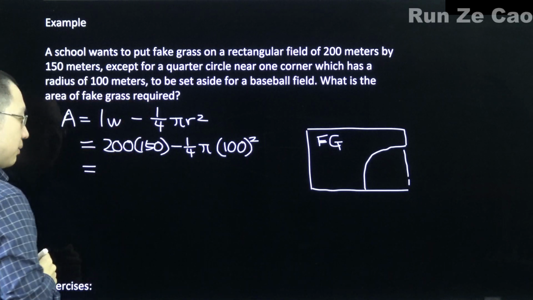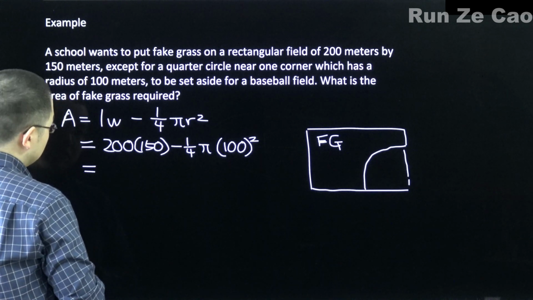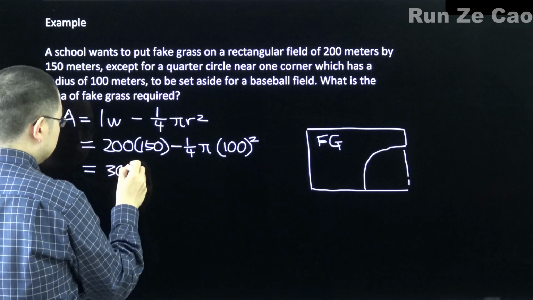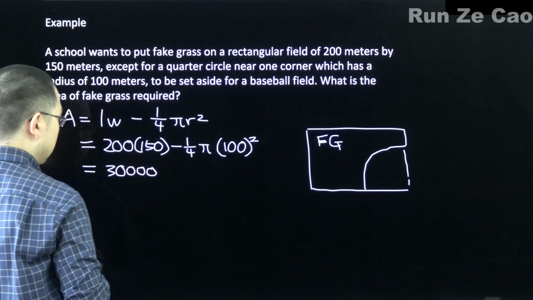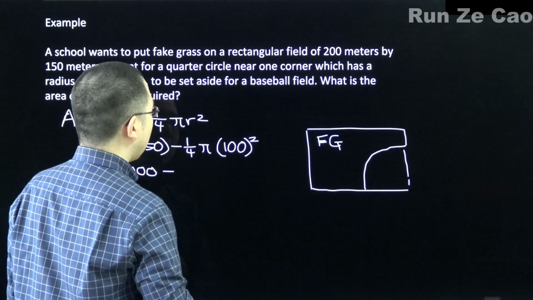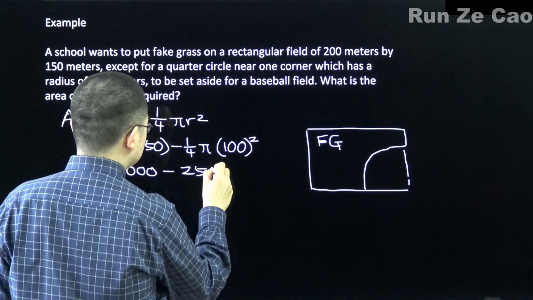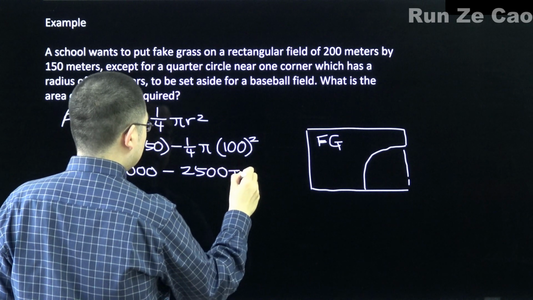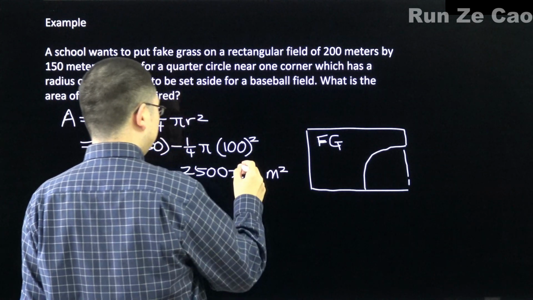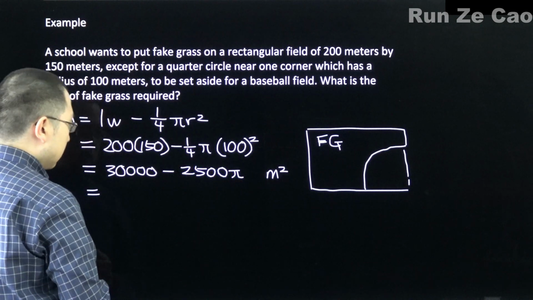So 200 times 150 gives you, also known as 100 times 300, so 30,000 minus 1/4 of 10,000 pi, or 2,500 pi. This is the exact value in meters squared. You can bracket the whole thing if you like.